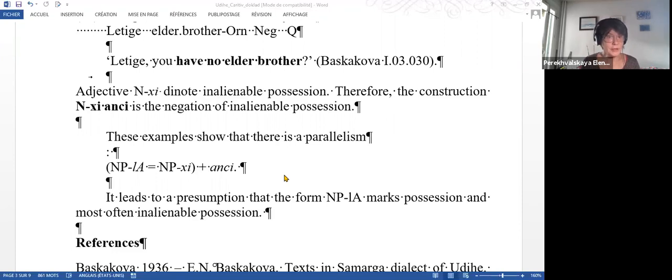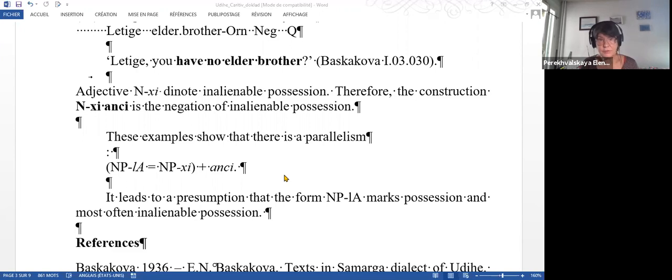I do not mean that they denote the same, but their meaning must be very close. So obviously la is the marker of possession, and most likely the marker of more or less inalienable possession.